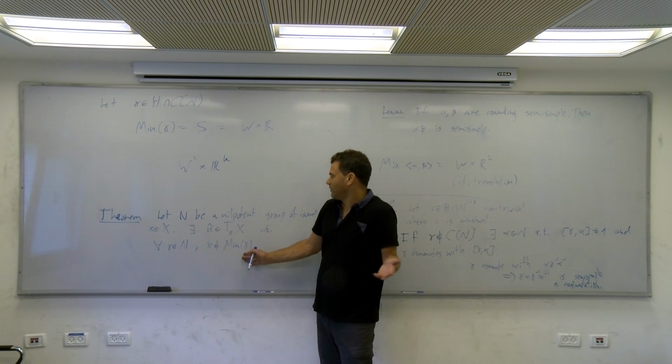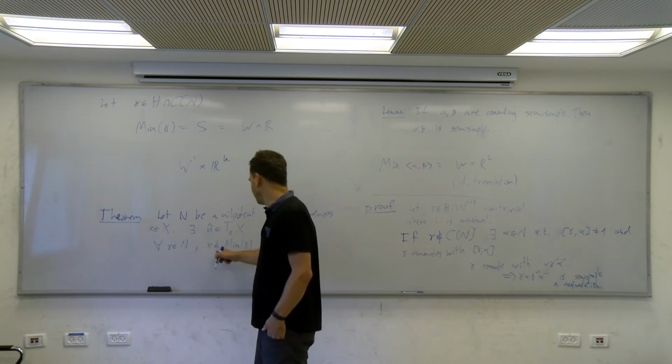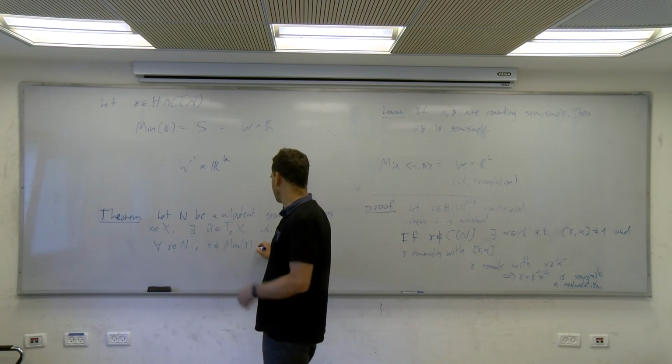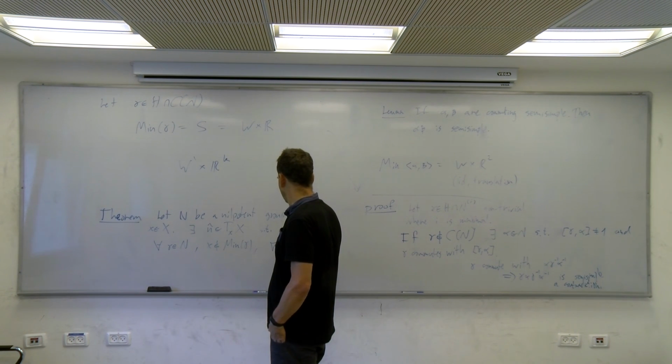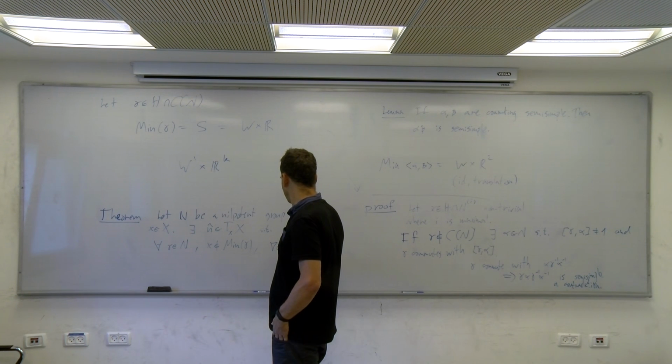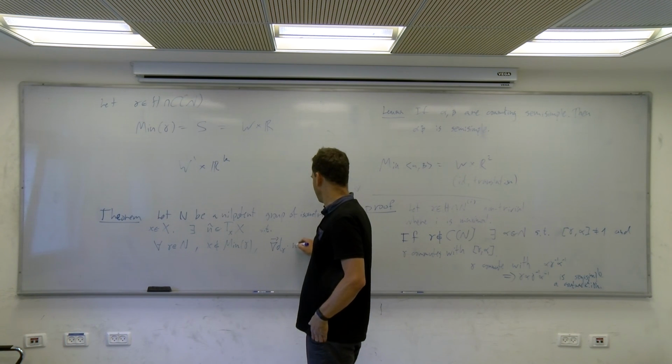If you are, then it's okay. You just forget about this element. For any element gamma which does not contain x in the minimal set, you have that the gradient of d gamma times the direction is positive.